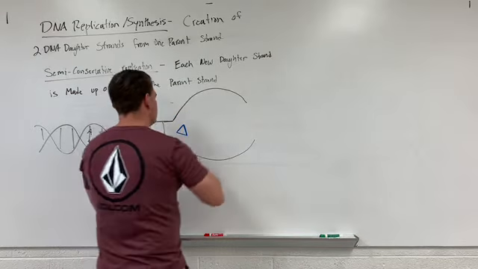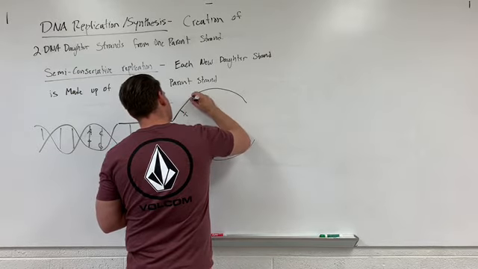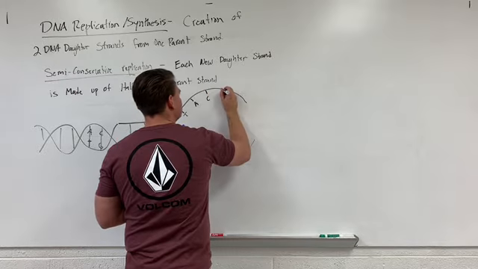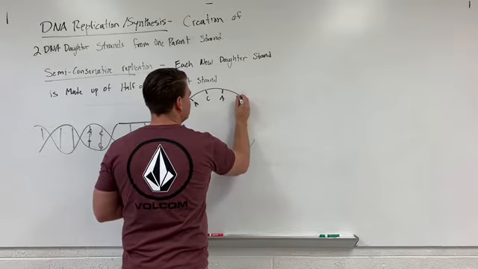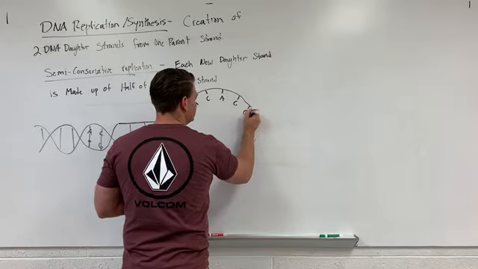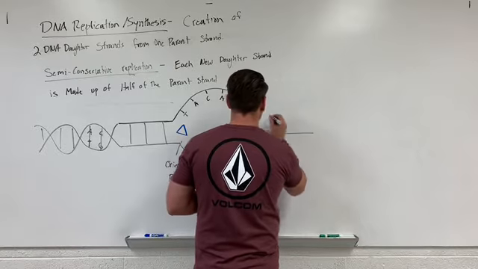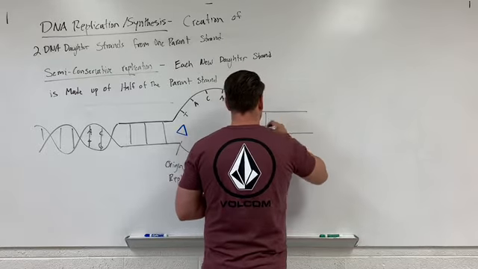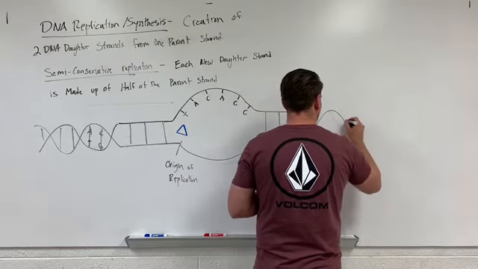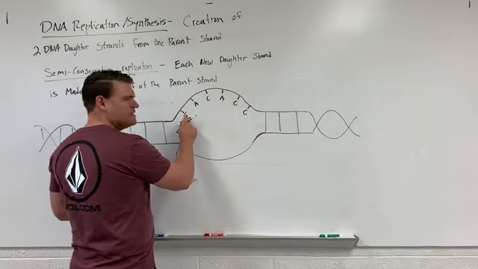All right, so then we would see here, as our base pairs are separated out, T, A, C, A, G, G. All right, so we know that's T there.